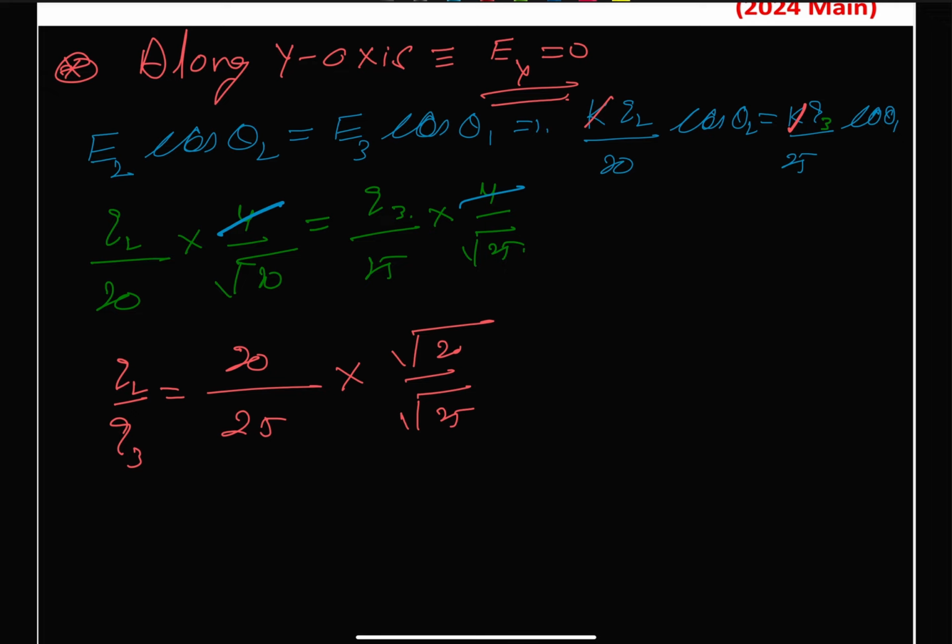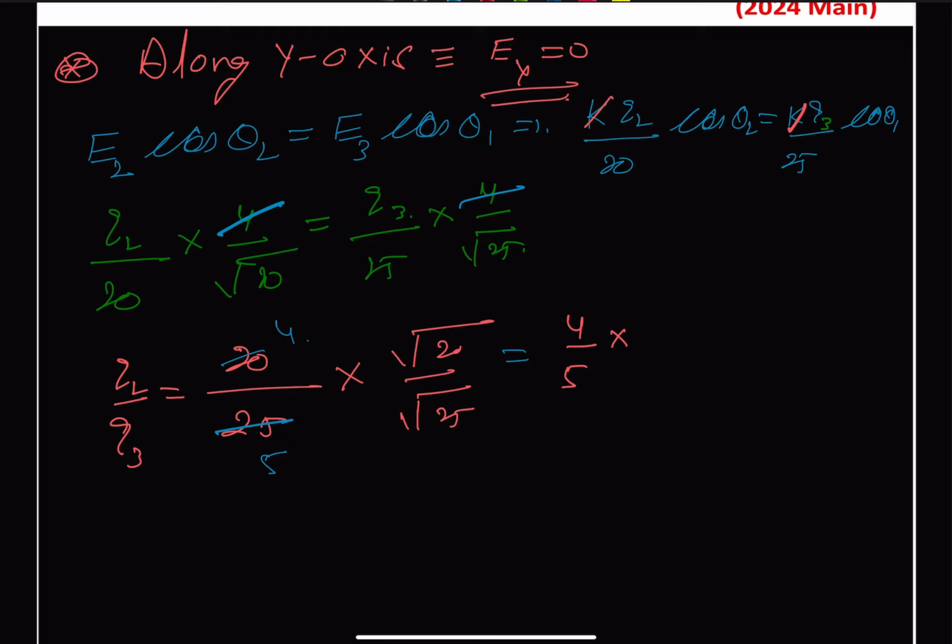This goes by 5, 4, and this will be coming as 5 and this comes as 4, and it will be giving us 4 upon 5, and this is square root.